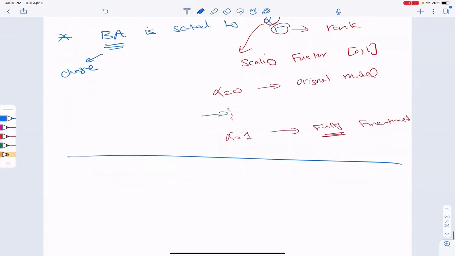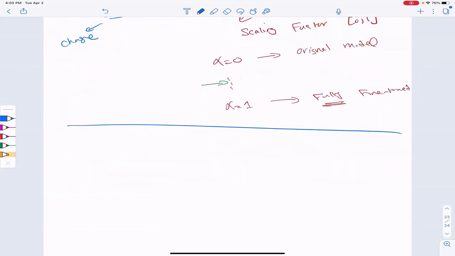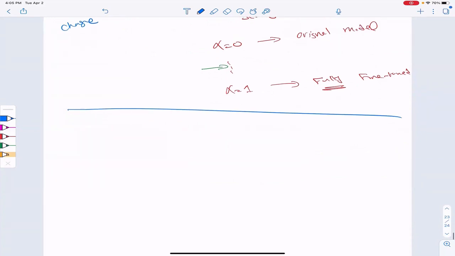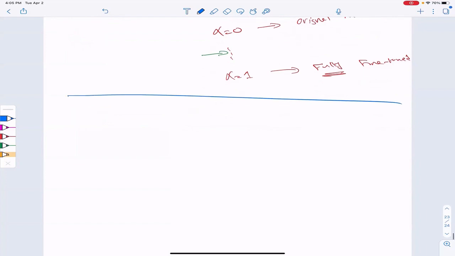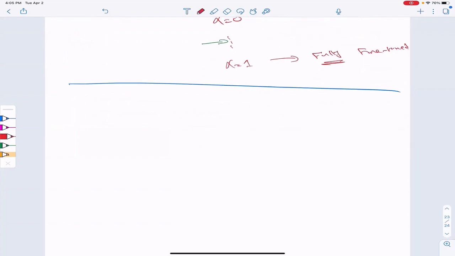Okay, so if not, let's talk about another angle to this problem. Again, I started the lecture by saying that we have these huge models. So, problem.